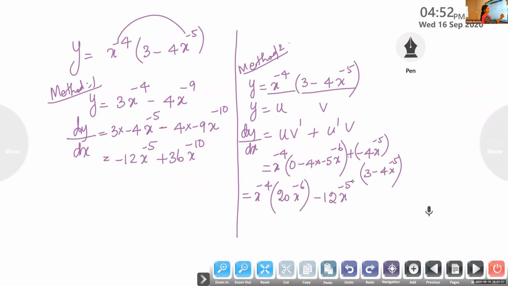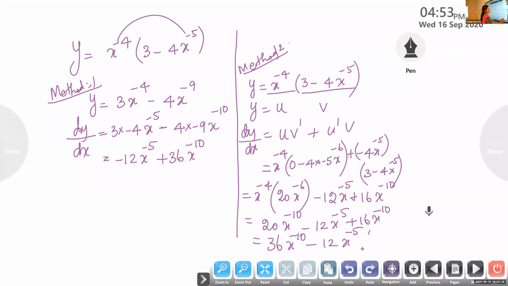Again minus into minus, this is plus 16 x raised to, when you multiply we have to add the powers, isn't it? 16 x raised to minus 5 and minus 5 means it is x raised to minus 10. So you'll get 20 x raised to negative 10 minus 12 x raised to minus 5 plus 16 x raised to negative 10, which is same as 36 x raised to negative 10 minus 12 x raised to minus 5.